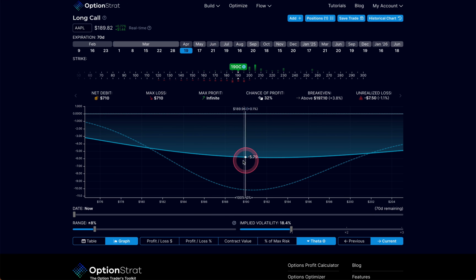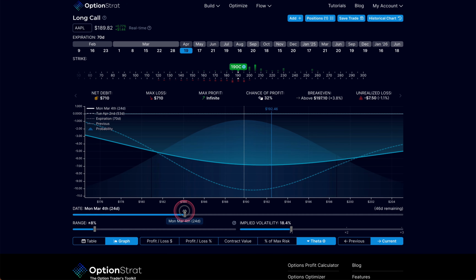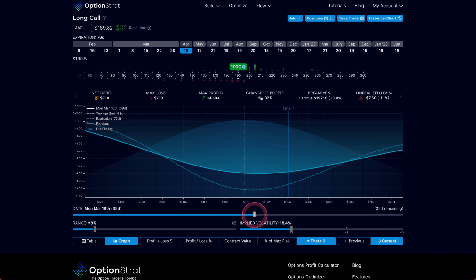So I can see the solid line here, again, is what I'll call that T0 line for theta specifically. And I can see that right now, as of today, I'm decaying at the rate of $5.79 a day. But as time ticks by, each day it's going to accelerate. Now I'm decaying at the rate of $7.93.